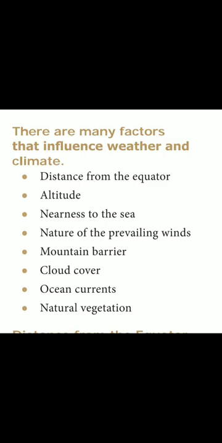Next one is the ocean current. What do you know about ocean currents? There are two types of ocean current, warm ocean current and cold ocean current. This is also a very important one. From the word itself you can understand, a warm ocean current raises the temperature of the nearby coastal area, while at the same time a cold current lowers the temperature of a place.